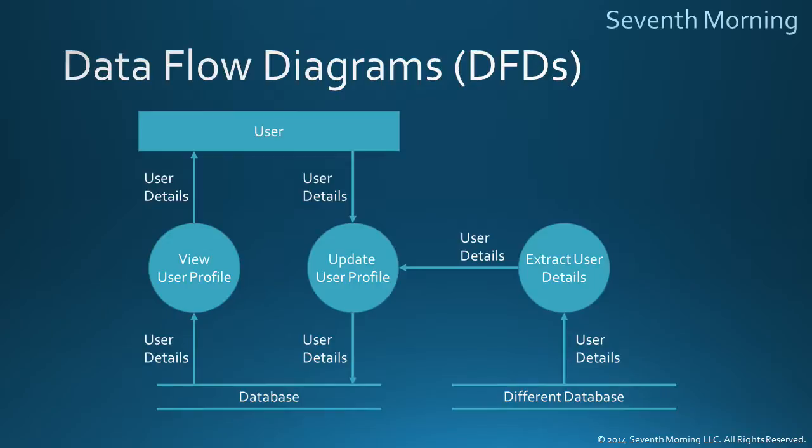All right, so here we have a process, extract user details, which takes user information from a different database. Maybe it's a different database within the organization, or maybe it's some external data. And it flows those details to the update user profile process, which in turn stores them in the database.